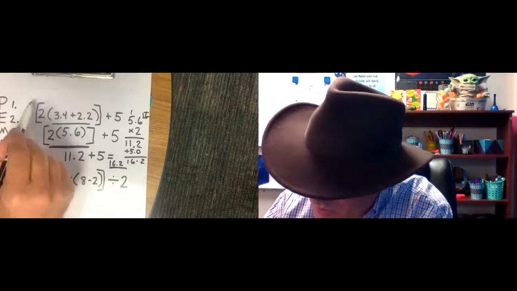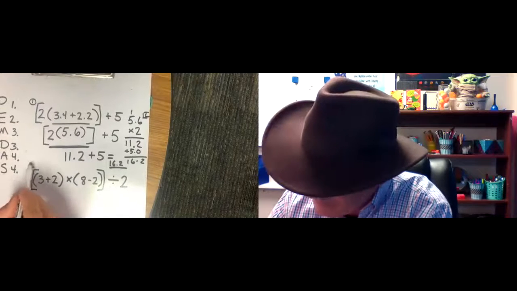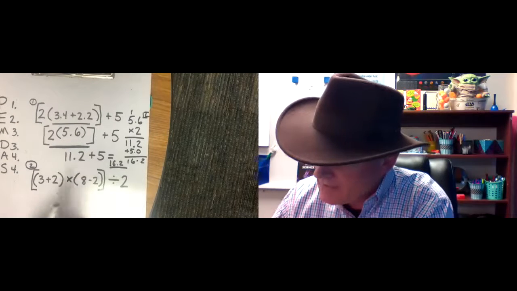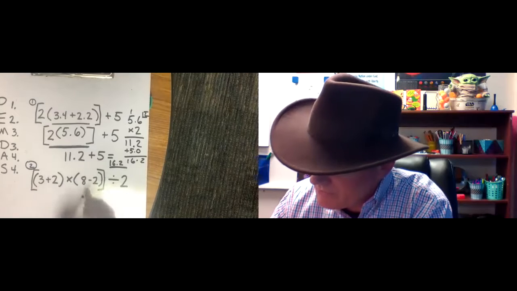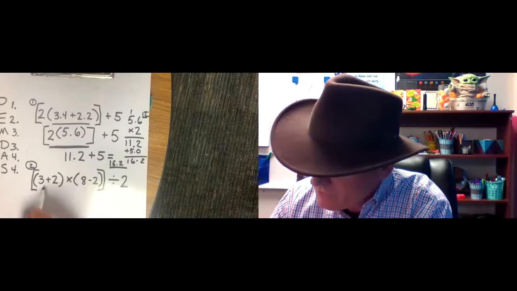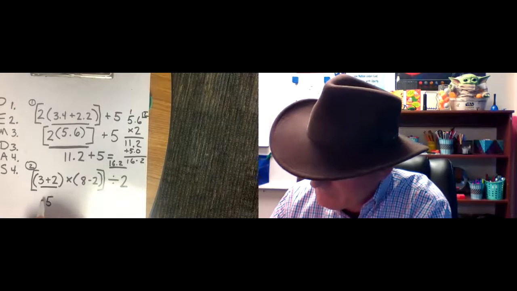Okay, that was problem number 1. Let's move on to problem number 2 here. Again, we have brackets and parentheses. We are going to start inside those parentheses. Let's do the one on the left. So 3 plus 2 is 5.